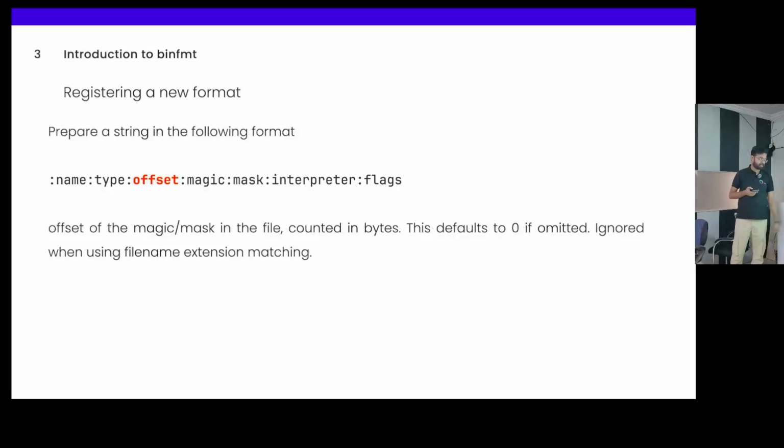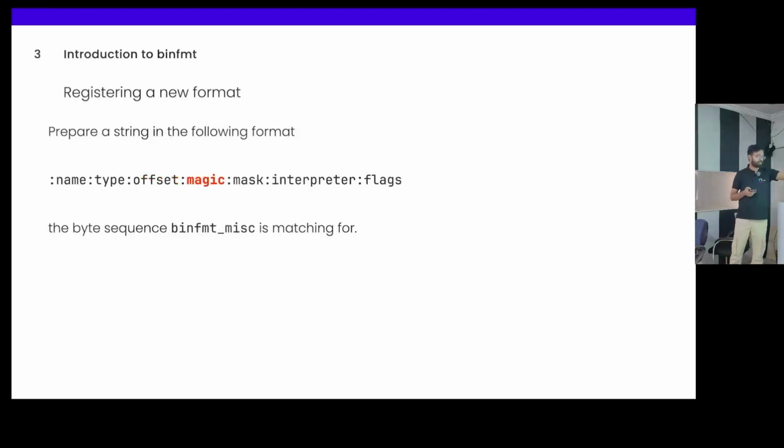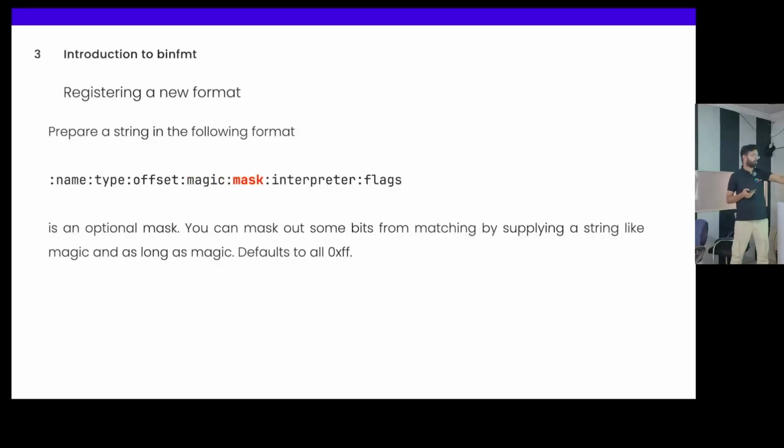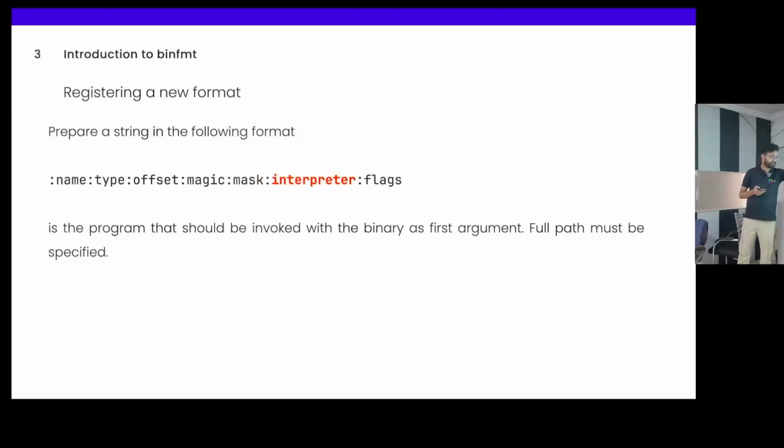It is skipped for extensions, and then this is the magic byte sequence itself that you want to check for. This is the mask, again applicable only for magic bytes, in case you want to ignore certain bits from the magic bytes. Then this is the absolute path for the interpreter that you want to get started once someone tries to execute a file defined by this.